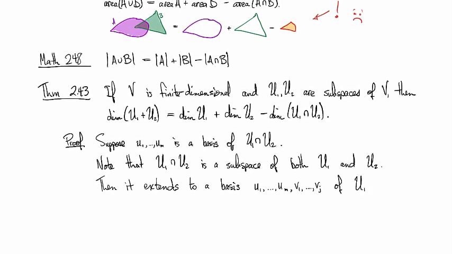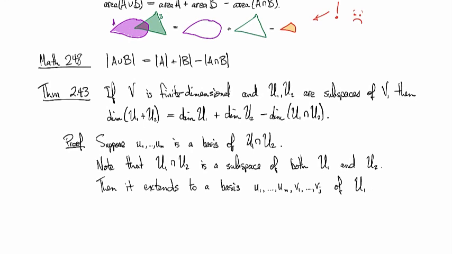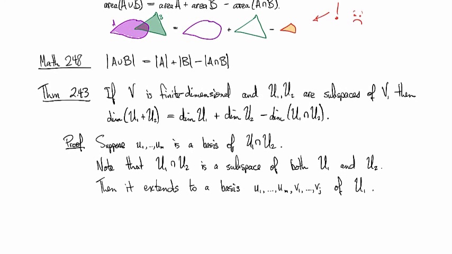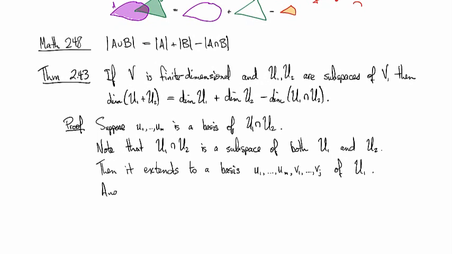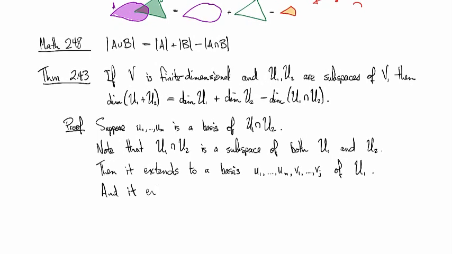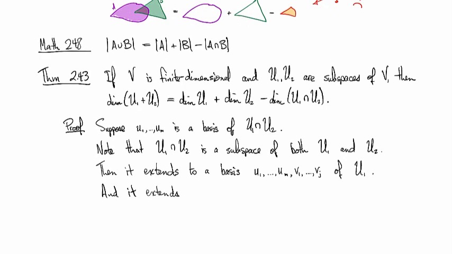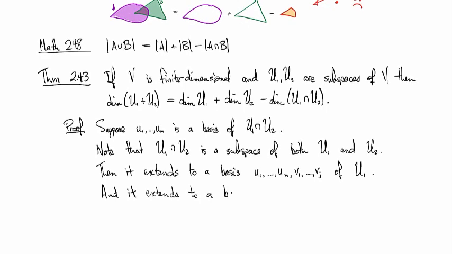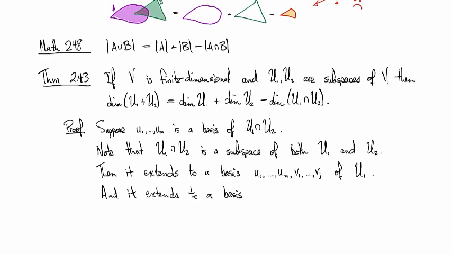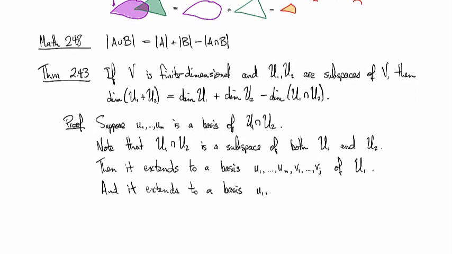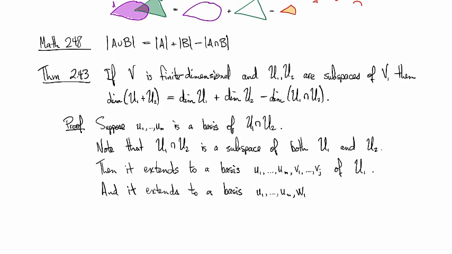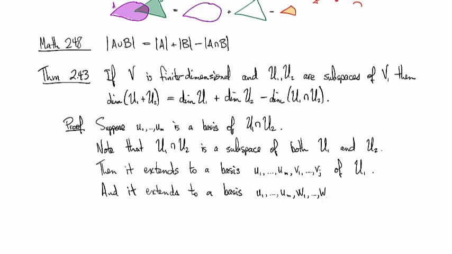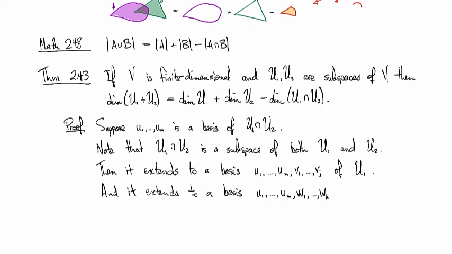That's if we extend the basis of the intersection up to being a basis of U1. But we could have gone the other way. If we extend from the intersection up toward U2, we'll call these ones w's, the things we throw on in this case.